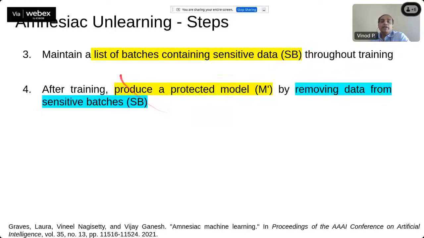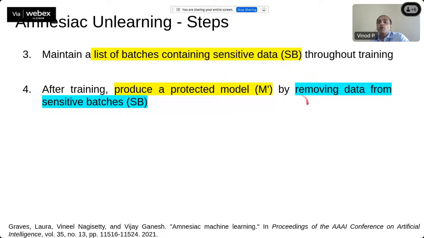Now, what we would like to achieve during the unlearning process is to create a new model called M dash, and this M dash model should not have the memory or knowledge corresponding to the sensitive data points.